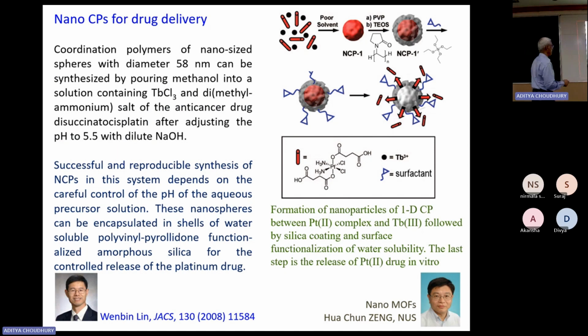They added diethyl ether and stirred it at a very high speed, and depending on the rate of addition of this anti-solvent, they started getting some cloudy material. They centrifuge it. Of course, before that, they need to adjust the pH using dilute sodium hydroxide, but that's experimental detail. When they make it, they get nanospheres, but they are highly soluble in water. You can't use it directly like that, because once you take it, it dissolves.